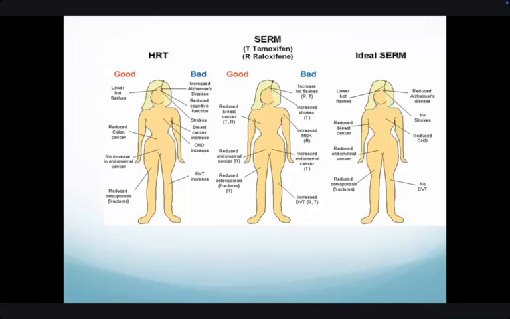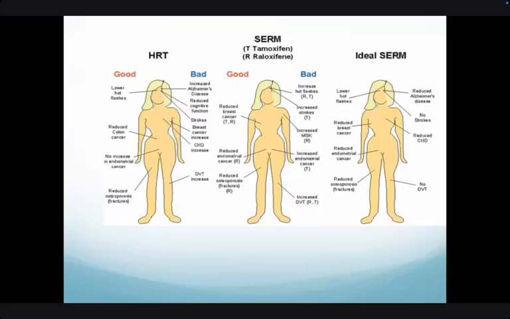If you look at the HRT, the good and the bad: as much as HRT lowers the hot flashes, reduces colon cancer, with no increase in endometrial cancer, and reduces osteoporosis, it's also bad in the sense that it increases Alzheimer's disease, reduces cognitive function, causes stroke, breast cancer, and increases DVT.